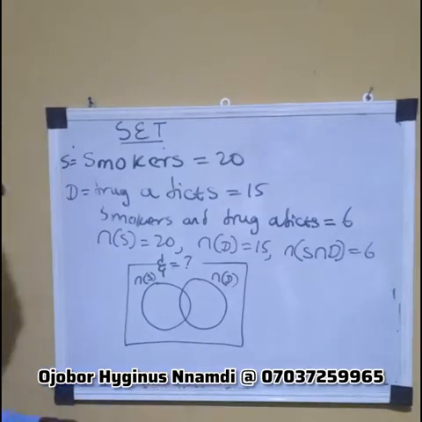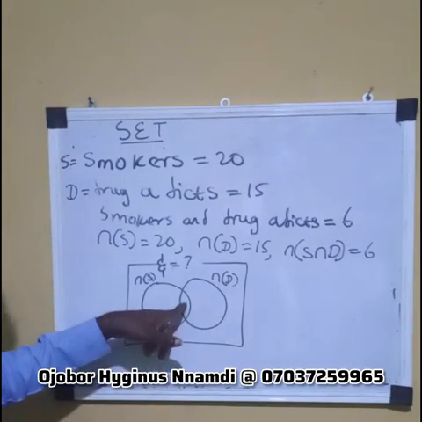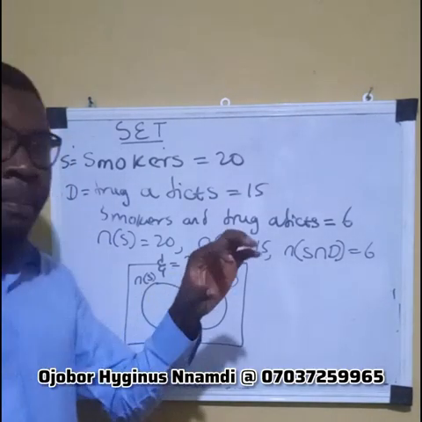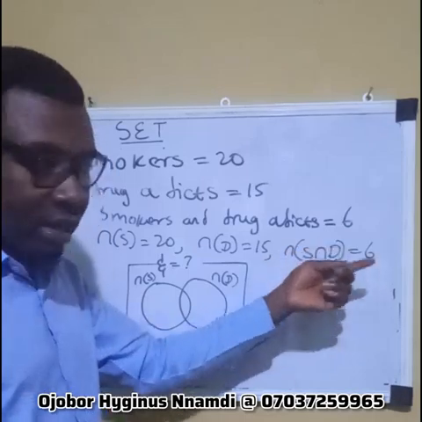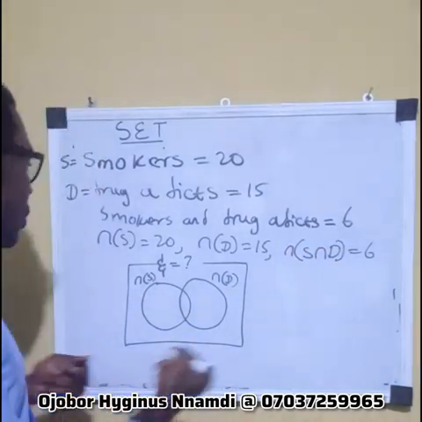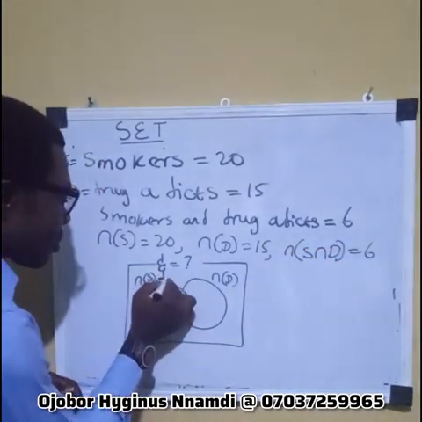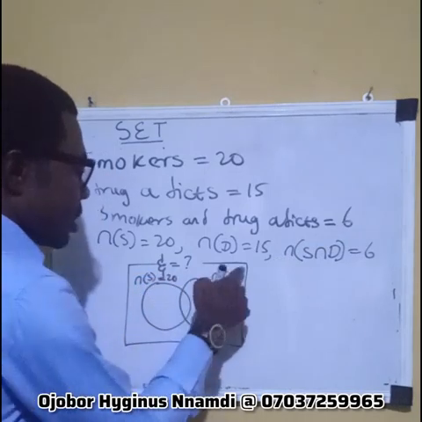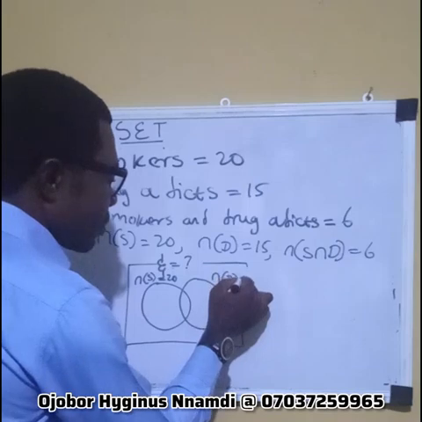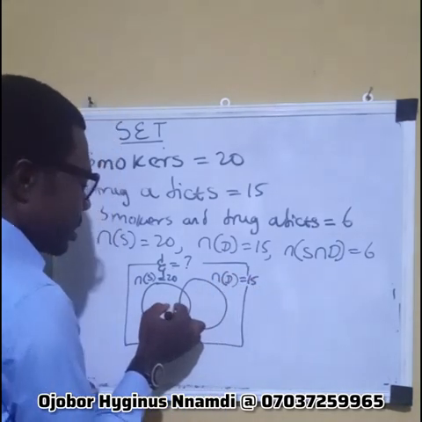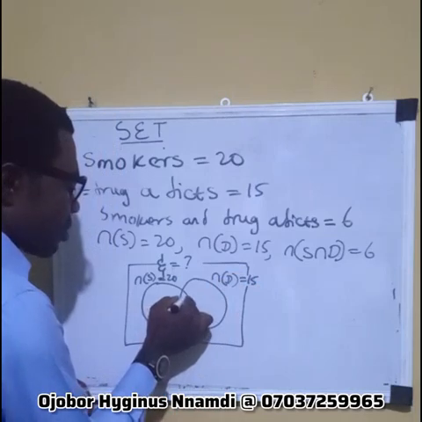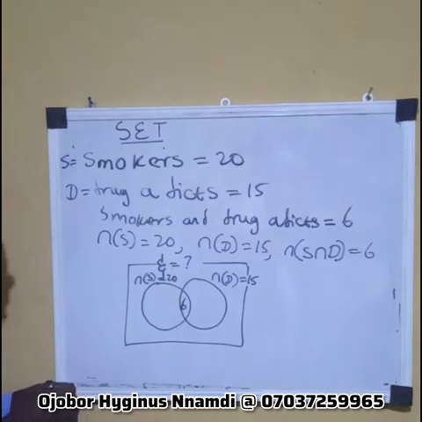You can see there is intersection between these two subsets because there are members of this club that are both smokers and drug addicts. Okay, so 20 stands for number of smokers, while 15 stands for number of drug addicts, and then 6 for number of smokers and drug addicts. So this is how we represent this information in a Venn diagram.